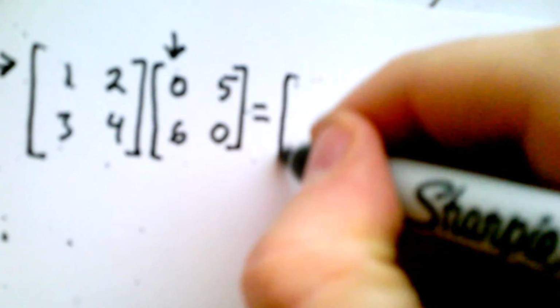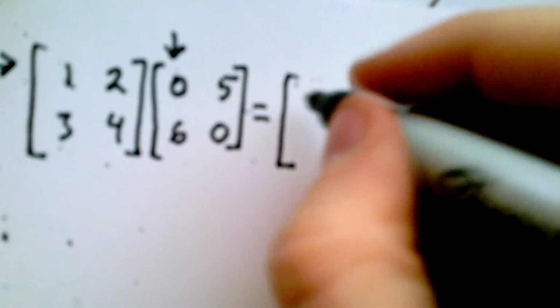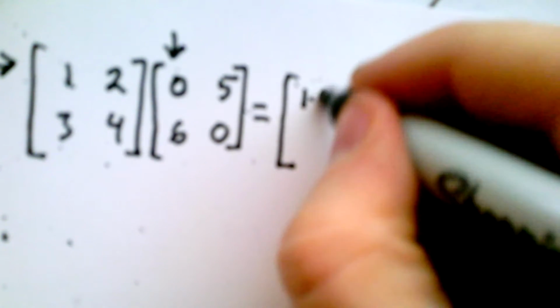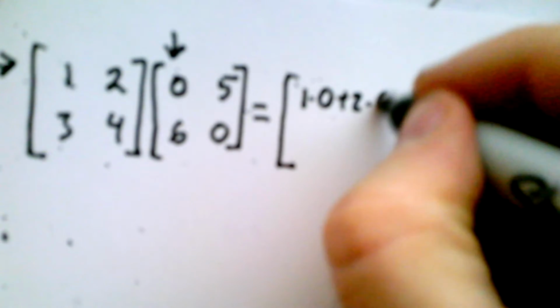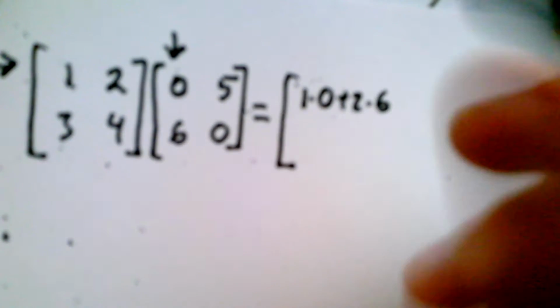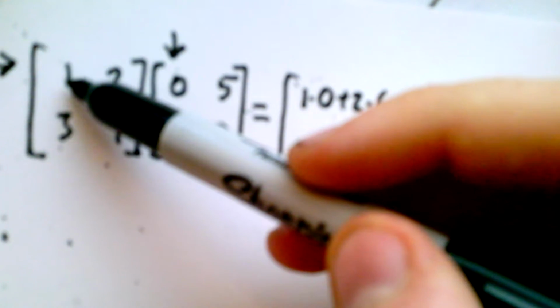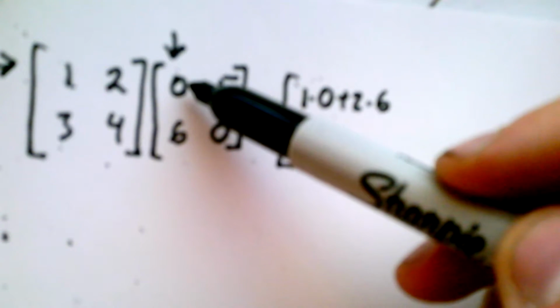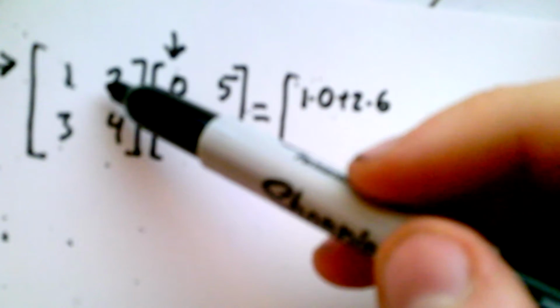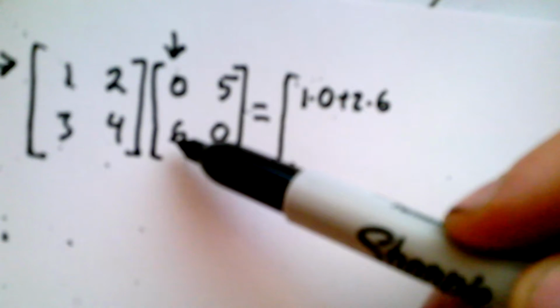So you take the first row, multiply by the first column, 1 times 0 and 2 times 6, and then you add those numbers together, and that becomes the top left coordinate of your new matrix. So 1 times 0 plus 2 times 6 is going to be this entry here, where we go first entry of the first row times the first entry of the first column plus the second entry of the first row times the second entry in the first column, and so on.